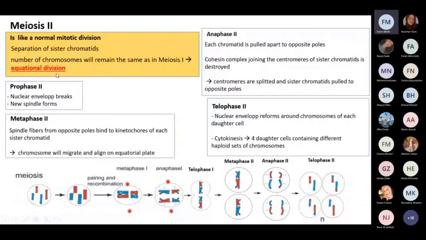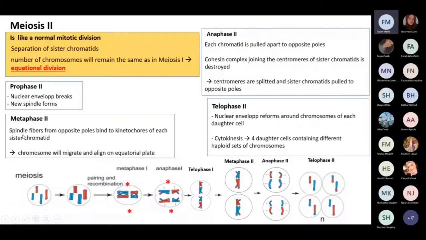At the prophase 2, the nuclear envelope will break down, and we will have the appearance of a new spindle of microtubules that will form. Okay. At the metaphase 2, also the chromosomes will bind by their kinetochores to the mitotic spindle.